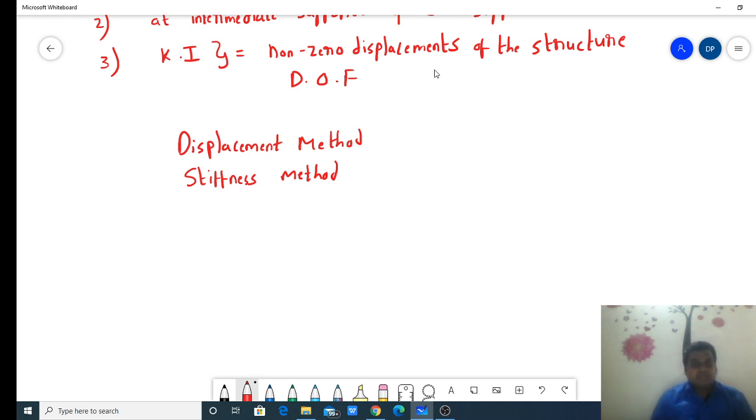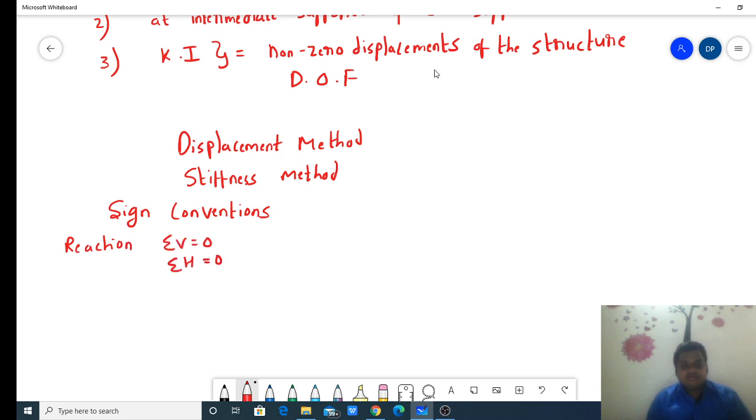Now coming to my sign conventions, whenever I am dealing with this particular subject, what has to be kept in your mind? My sign convention for reactions: you know that summation of V is equal to 0, summation of H is equal to 0, and summation of M is equal to 0. These are the basic equations of equilibrium.